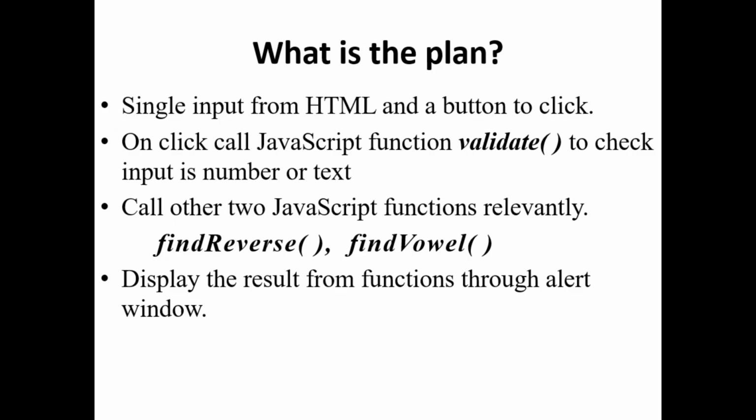If the input given by the user is a number, then we will call the find reverse function and pass that number to find reverse as a parameter. So this is the basic idea: a single HTML form where we will receive one input and click the button, and then we will check whether that input is a number or a string.